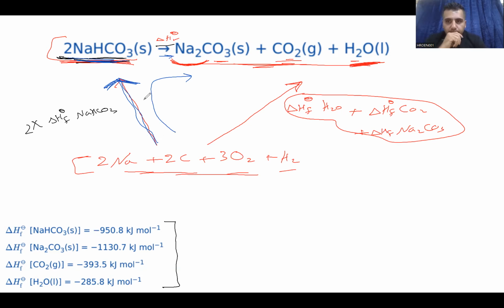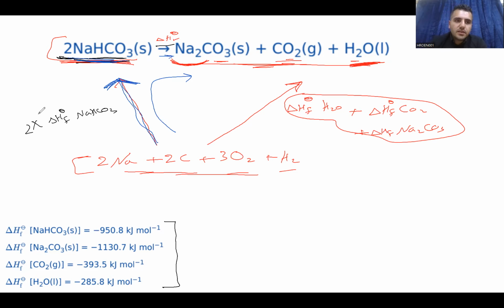So let me tell you something, guys. Whenever we have something like this, you always will have 2 arrows in an enthalpy cycle, they both go in the same direction. Okay, it doesn't really matter if they flip the cycle or make it more complicated, but you always have 2 arrows go in the same direction.